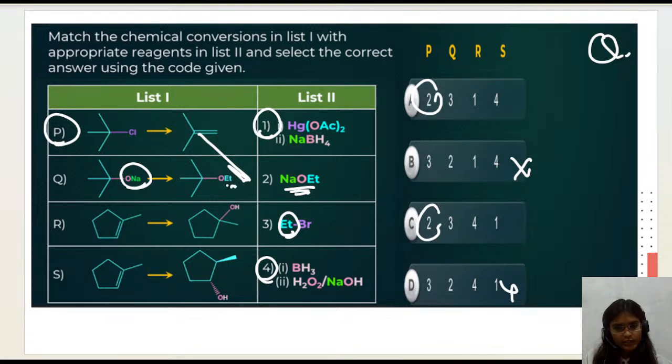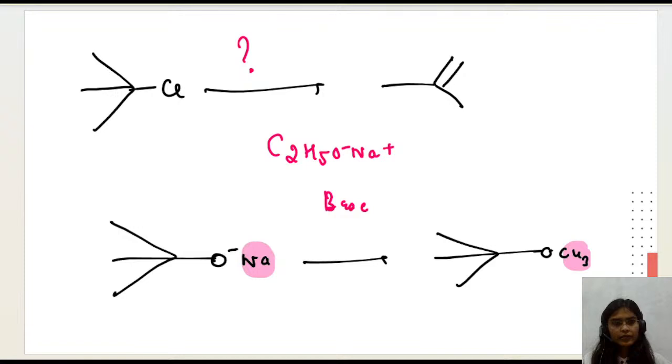In Q, this is the simple case. Let me explain the Q part to you. You will be having this EtBr. Can you tell me the mechanism as well? Should I go with the SN2 mechanism or the SN1 mechanism? Options are SN1 or SN2.